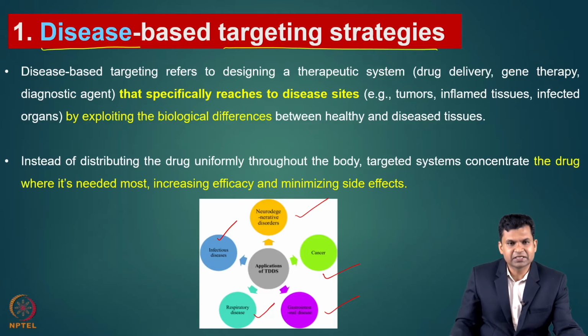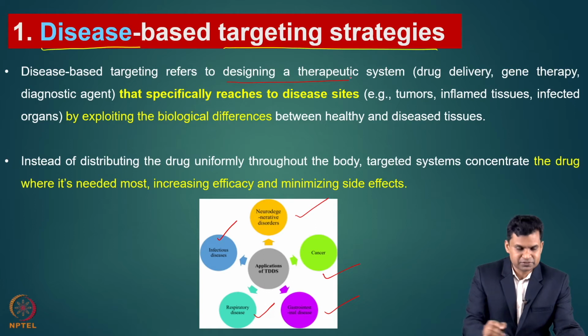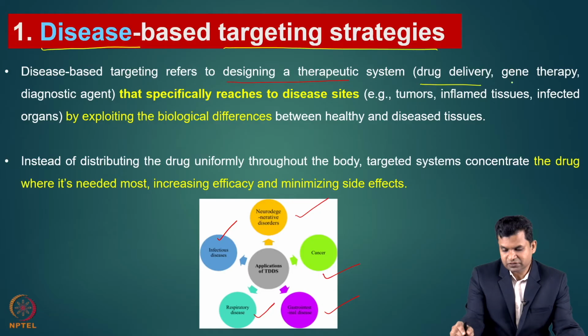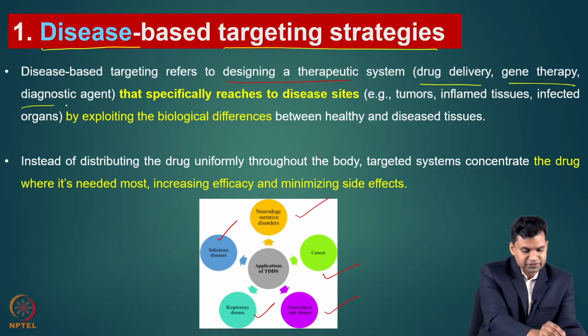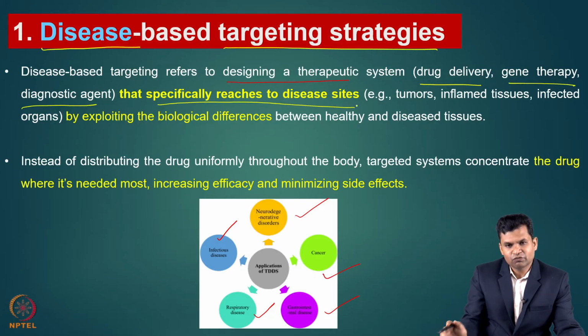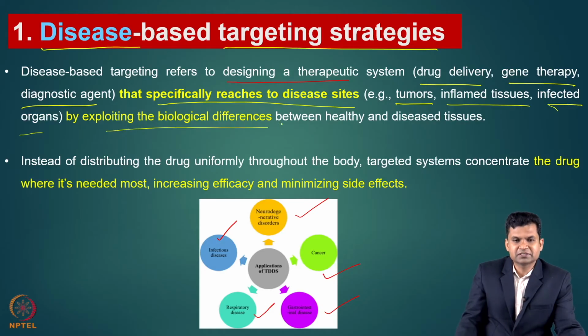Disease targeting refers to designing therapeutic systems, here drug delivery, gene therapy and diagnostic agents, that specifically reach the disease site, for example tumors, inflammatory tissues and infected organs, by exploiting the biological differences between healthy and diseased tissues.